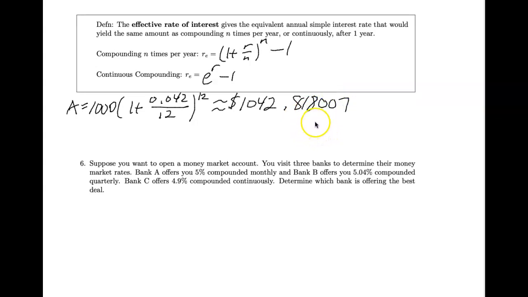And if we wanted to find the interest for this 1 year, we would want to subtract 1,000 from this, and so the interest would equal 42.818007. So this is the interest that we got for 1 year on an account that had 4.2% interest rate compounded monthly.